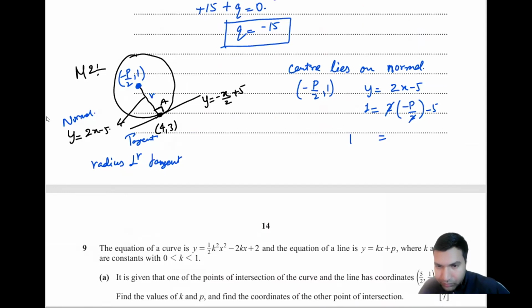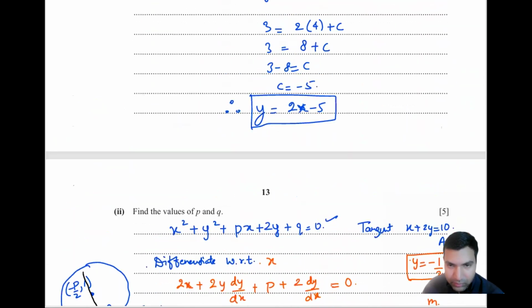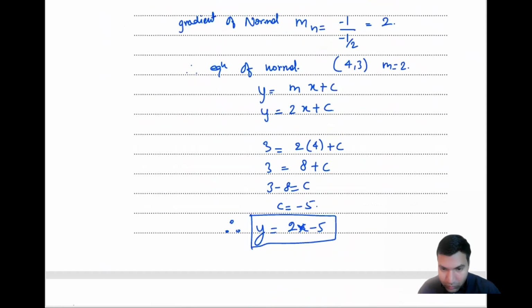Now, what do we get? We get 1. Is it 2x minus 5? Let me just quickly check. What is the equation of the center? 2x minus 5, right?